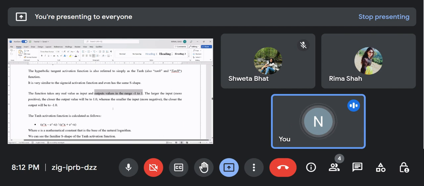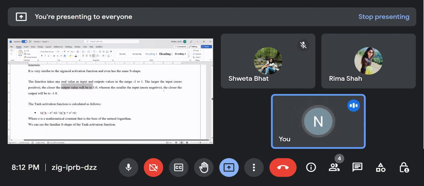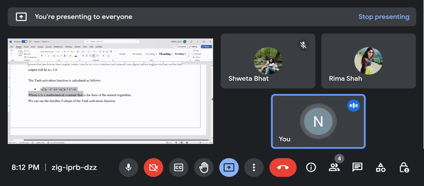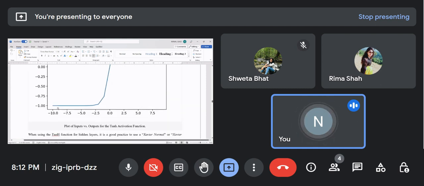Okay, so the hyperbolic tan function takes the input and the output range is between -1 to 1. The larger the input, we are closer to the output 1, and the smaller the input, that is more negative, then we are closer to the output -1. So -1 to 1, this is where the hyperbolic activation function's value lies. You can see here is the expression I have already told, and here is your graph.